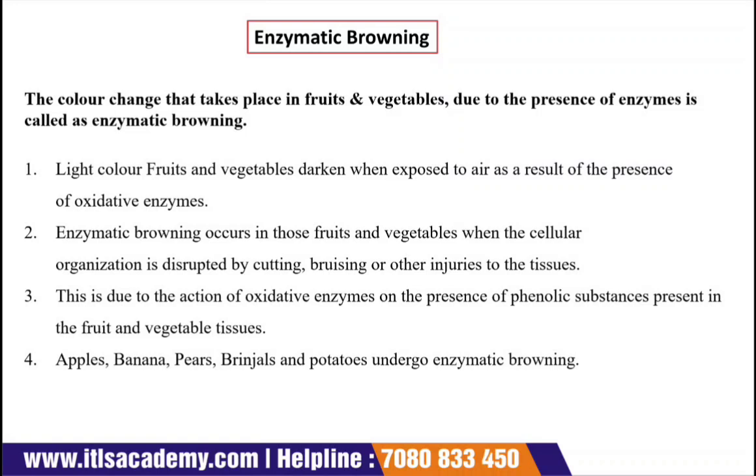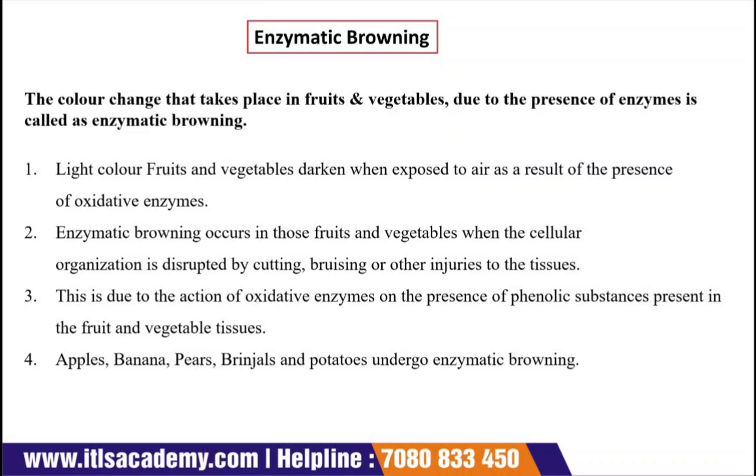This is due to the action of oxidative enzymes on the phenolic substances present in the fruits and vegetables tissue. For example, apple, banana, pear, brinjals, potato undergo the enzymatic reaction.